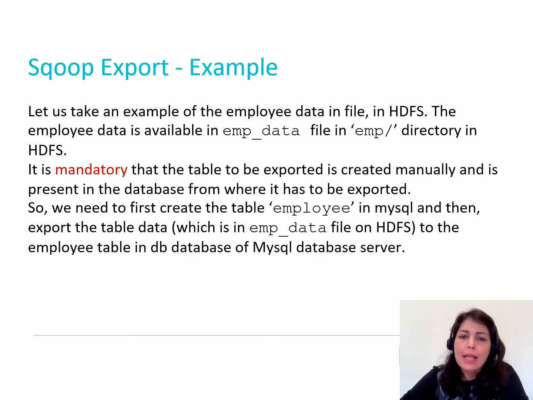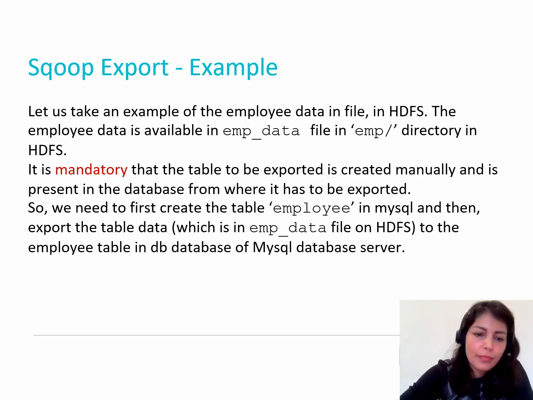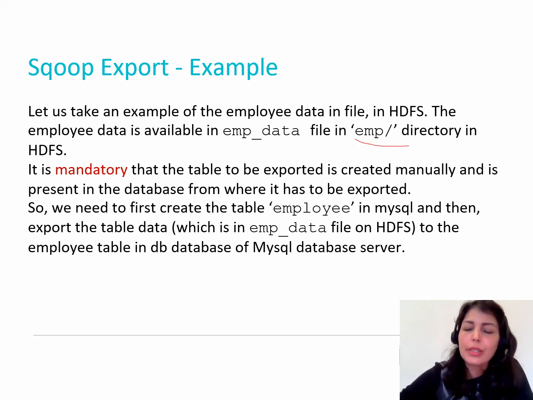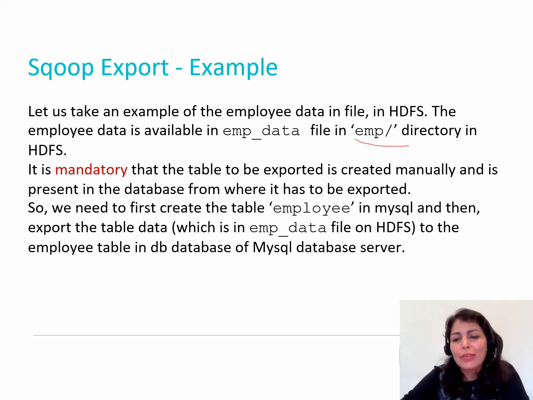Let's take an example. If you remember, we had employee data in HDFS, available through the imp data file in the directory imp. This is the directory. In the imp directory, we have the imp data file, which has our imported data from the imp table.